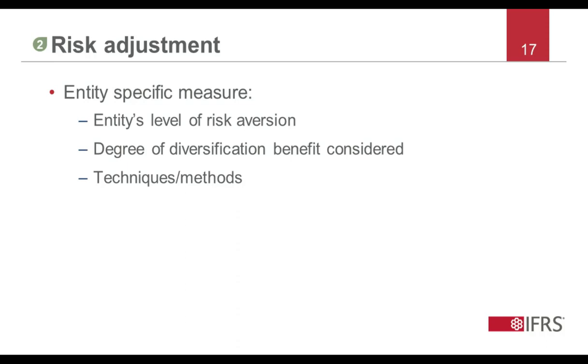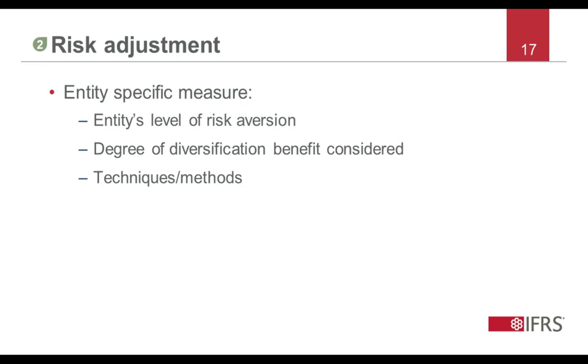After explaining what the risk adjustment is, Joe, could you explain to us how to measure the risk adjustment and what to reflect in its measurement? As mentioned before, the risk adjustment is an entity-specific measure that reflects the entity's own risk aversion, as well as the entity's view of its diversification benefits in issuing a group of insurance contracts.